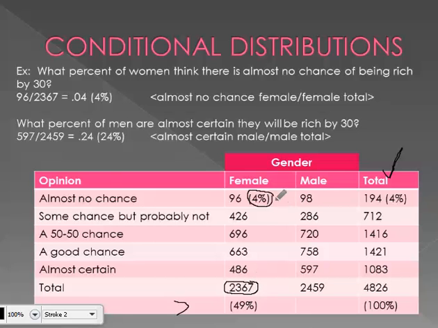That gave me the percentage of females that thought there was almost no chance. I would do the same thing for the men, 98 divided by 2559, and that would tell me the percentage of men that thought there was almost no chance. What's the percentage of men almost certain they'll be rich by age 30? I would take this 597 divided by 2459, and I would get 24%.